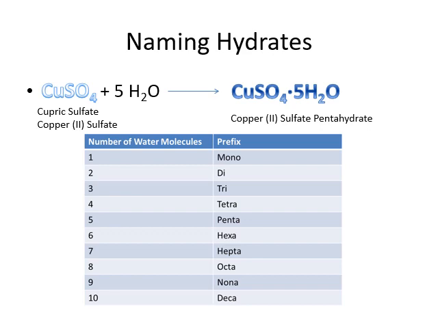So here is an example where we have copper 2 sulfate, and if we add 5 water molecules into that structure, it becomes copper 2 sulfate pentahydrate. The 5 is penta. Hydrate meaning that there's water. We write the structure by drawing a dot between the ionic compound and the water molecules.